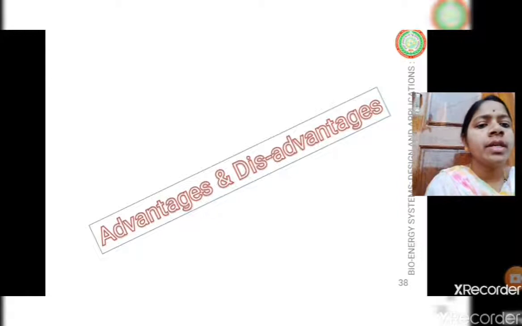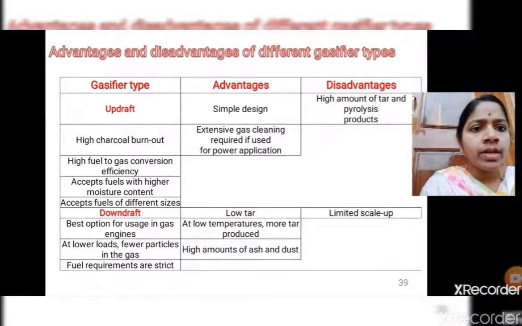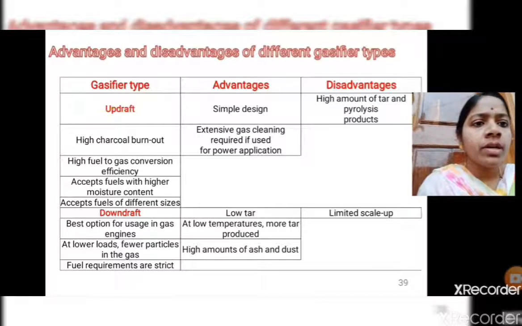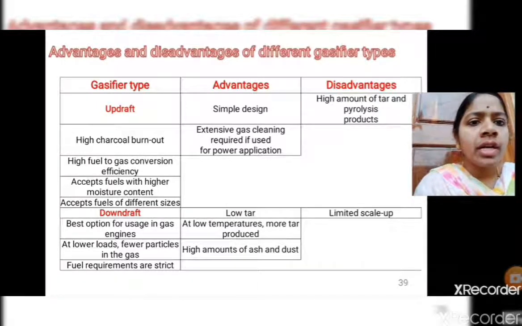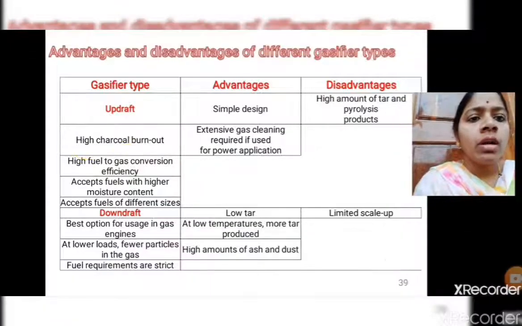Now we'll see the advantages and disadvantages of the various types of gasifier. In the case of the updraft gasifier, the property is high charcoal burnout. The updraft gasifier has a high charcoal burnout capacity, high fuel-to-gas conversion efficiency, and accepts fuels with higher moisture content.